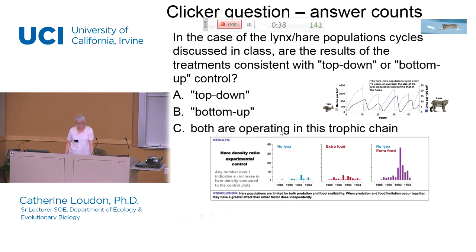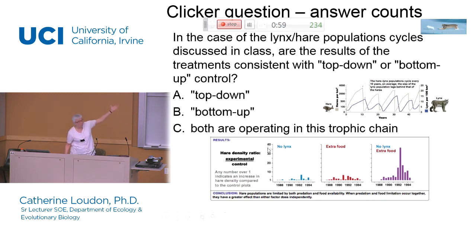And you hopefully will recall the treatments that were done by the ecologists that were examining the overall causes that would affect the numbers of hares. And here are the results shown right here with the different treatments, no lynx, extra food, and no lynx with extra food, and so on, with the changes in hare populations.